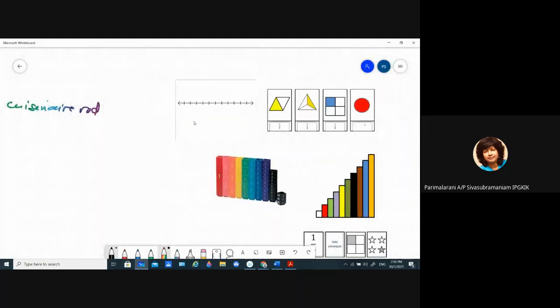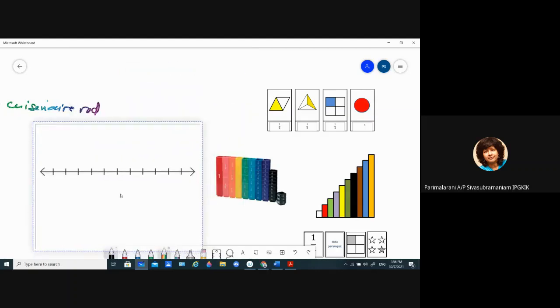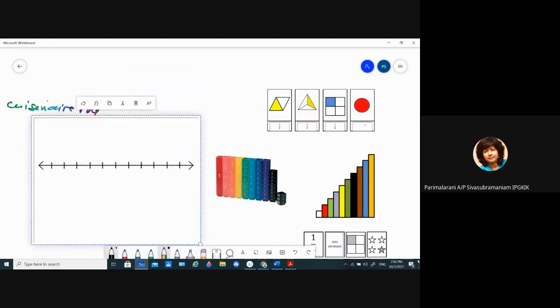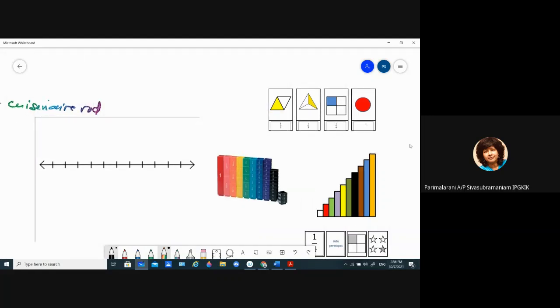Number lines. We can use number lines to represent fractions. Very important, we must show them how to represent fractions on a number line. It could be that this is 0 and this is 1. If this is 0 and 1, what fractions are we talking about?